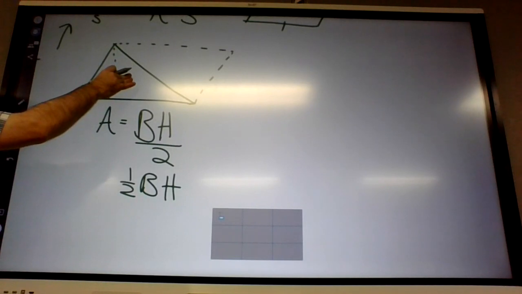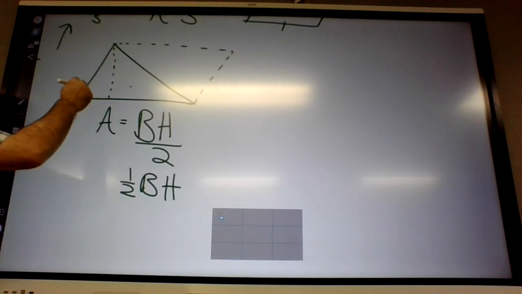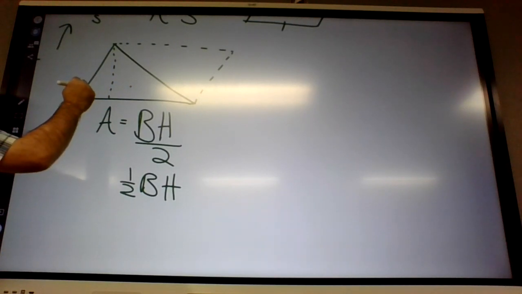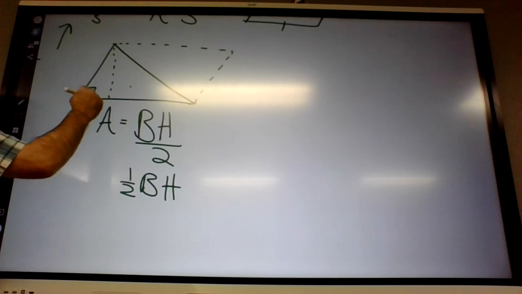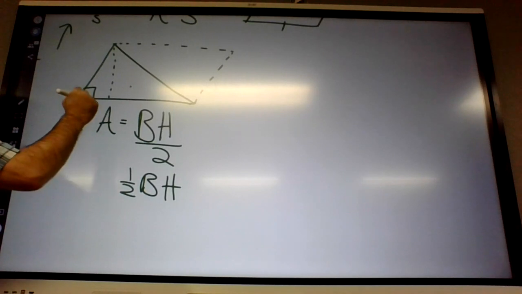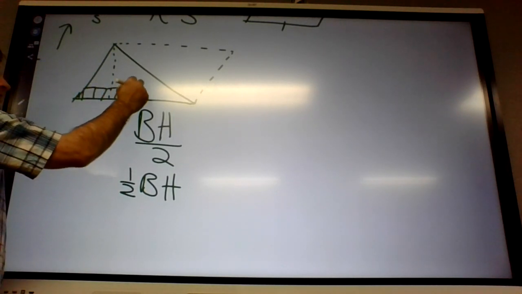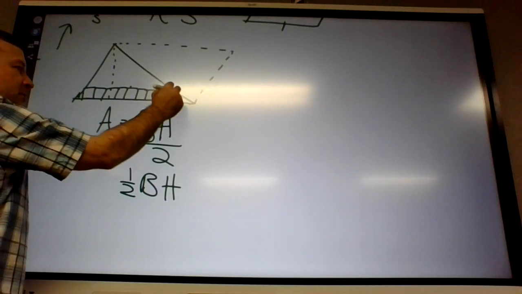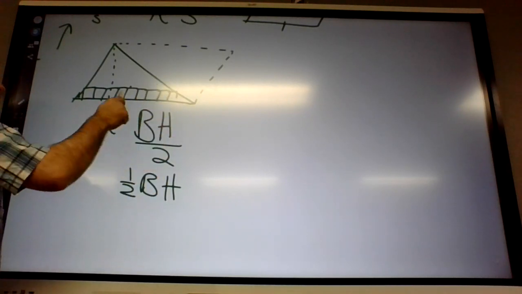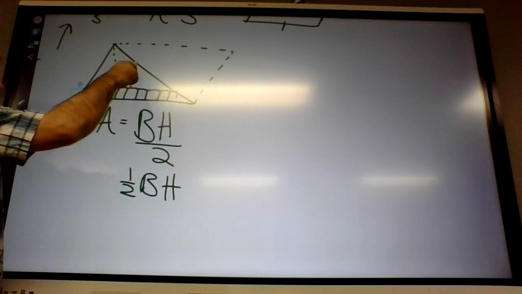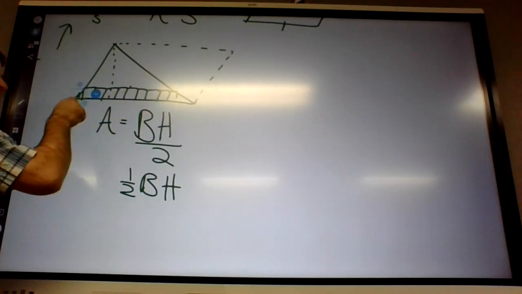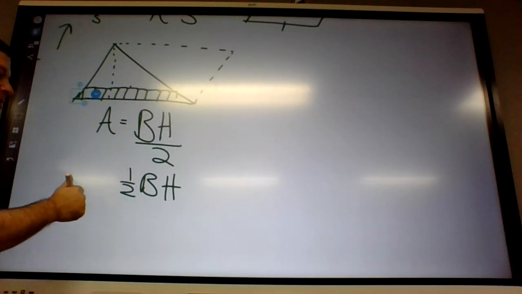Area is made up of square units, and squares don't really fit in here. How does that work? You guys thought about that? Like maybe a square fits here, but what about this little area right there? You know what I'm saying? No? Maybe not. Well, basically if you add all the areas together, you'll get pieces of a square, and it still works.